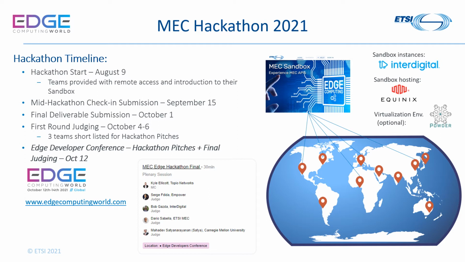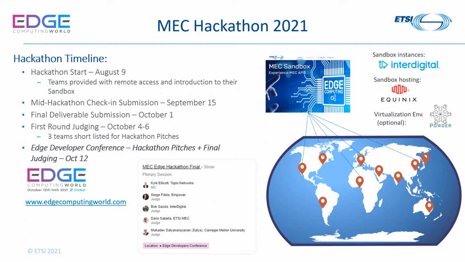And optionally, any virtualization environment was provided on the POWDER testbed hosted in the University of Utah. There was a mid-hackathon check-in submission on September 15th, and the final deliverable submission deadline was October 1st.